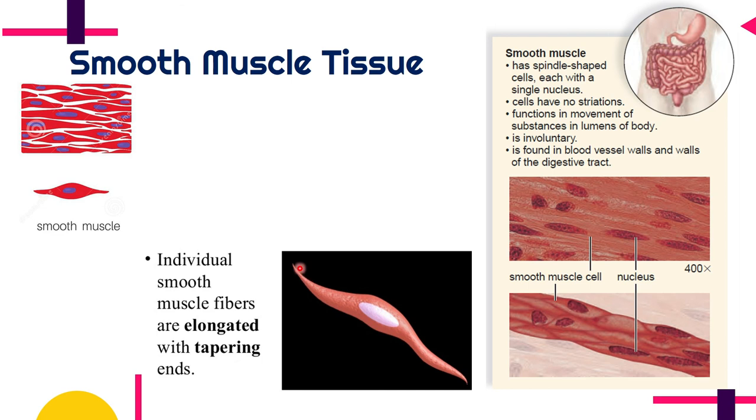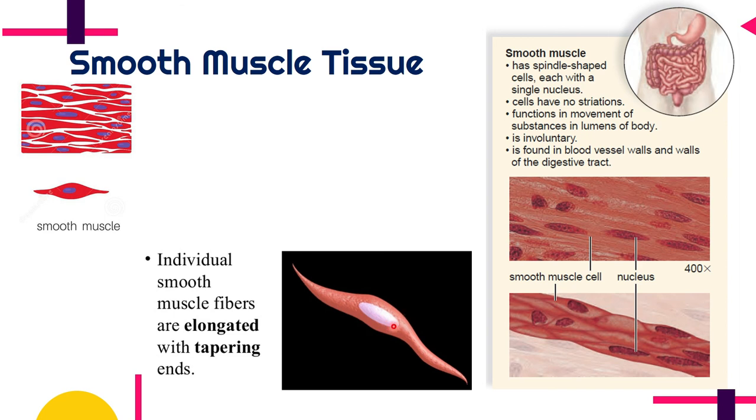So its ends are somewhat more tapered, more like a tip. Each smooth muscle cell has a single nucleus, as you can see here. And smooth muscle cells have no striations, meaning those stripes or lines. As you can see, smooth muscle cells don't have striations.